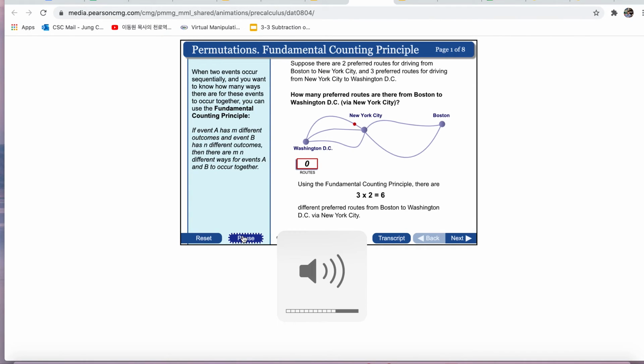Fundamental counting principle. When two events occur sequentially, and you want to know how many ways there are for these events to occur together, you can use the fundamental counting principle. If event A has M different outcomes, and event B has N different outcomes, then there are N different ways for events A and B to occur together.